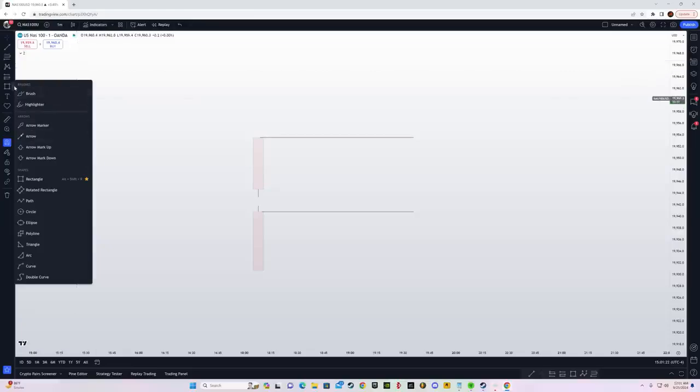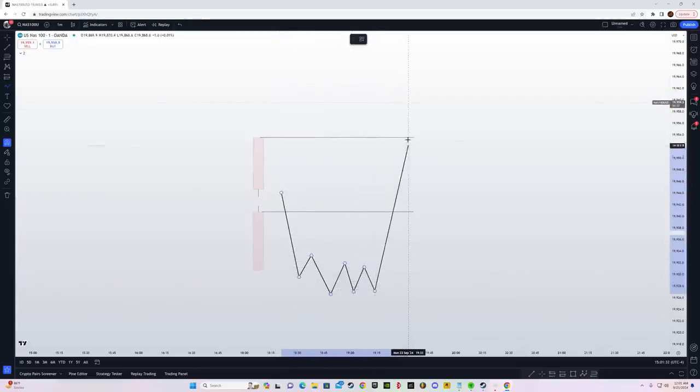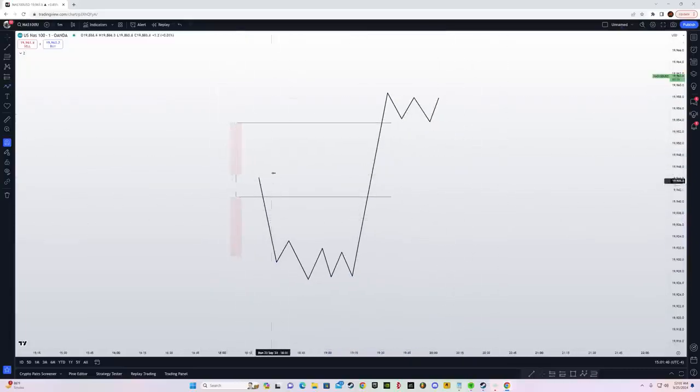So what you are basically doing is waiting for price to engineer sell side liquidity and buy side liquidity above the new day's opening gap. Right, so this is the new day's opening gap.